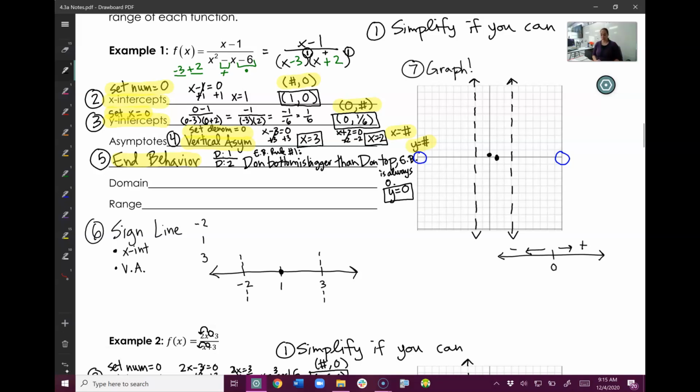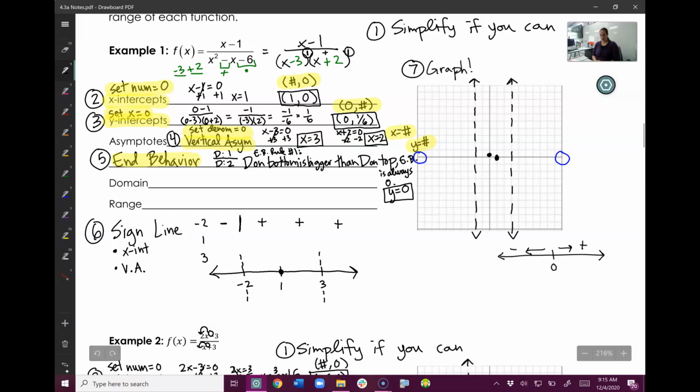Well, I'm going to apply that to this line, where for this -2 line, I'm going to look at it as if -2 is my 0. So everything to the left of it is going to be negative, just like a number line. Everything to the right is going to be positive, because that's my 0.